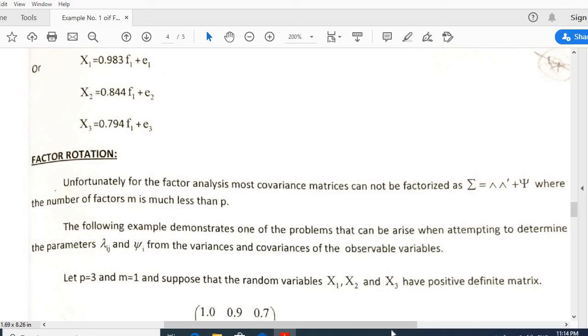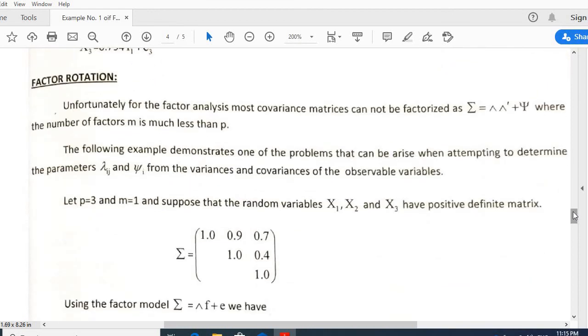Let p is equal to 3, m is equal to 1, and suppose that the random variables are x1, x2, x3. We have the definite matrix, that is the variance covariance matrix. Sigma is equal to 1.0, 0.9, 0.7, 1, 0.4 and 1.